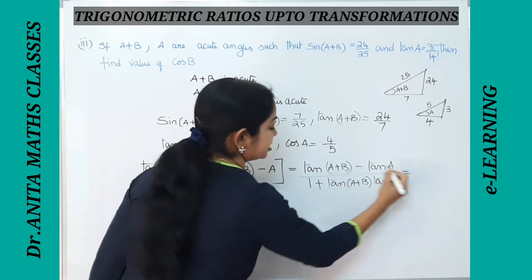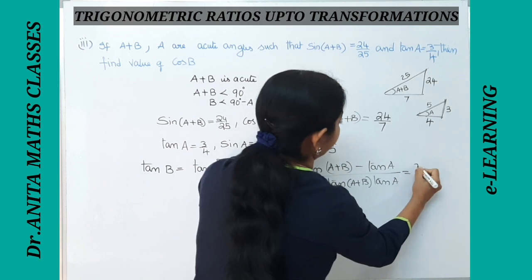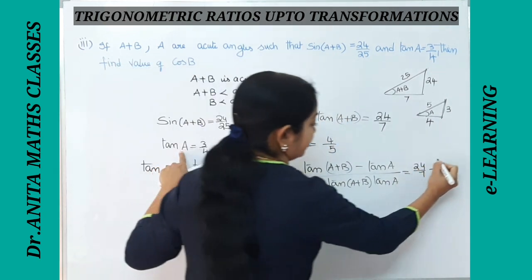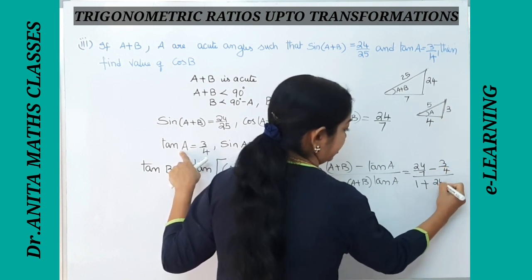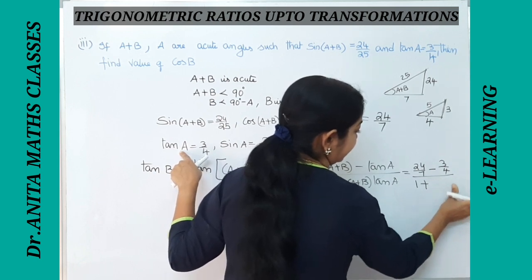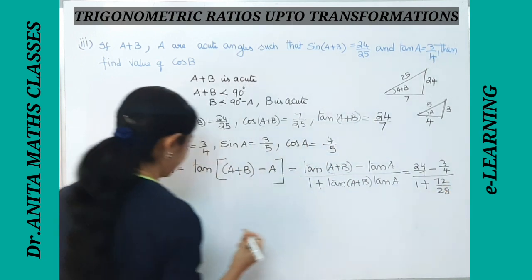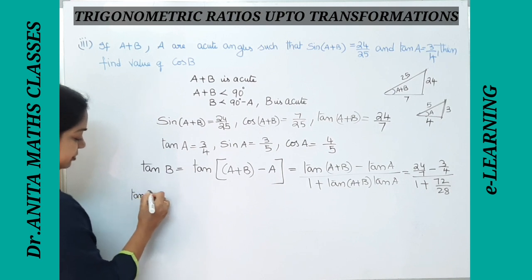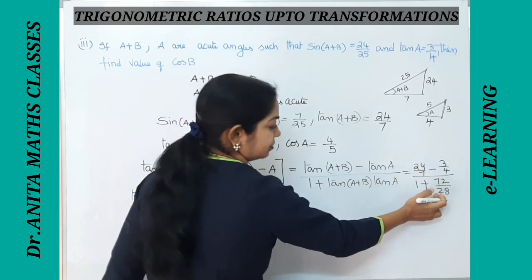Now we have all these values, we can substitute. The tan(A plus B) value is given as 24 by 7, minus the tan A value 3 by 4, divided by 1 plus 24 into 3 by 7 into 4. Let me write directly 24 times 3, 72 by 28. If you take LCM 28 and 28, here 28 goes off.